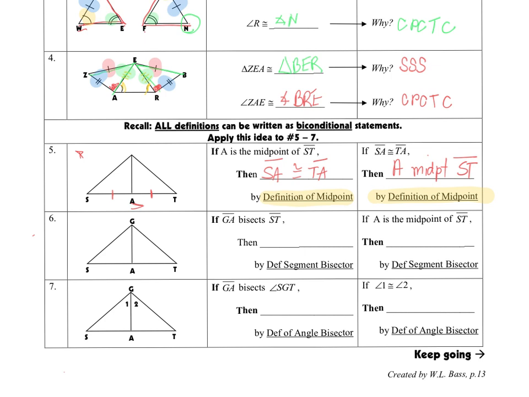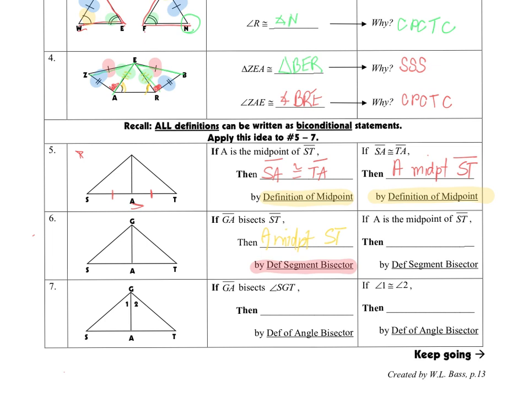Number 6, we are told that if segment GA bisects segment ST, then what we would know is that A is the midpoint of segment ST. And the reason we would know that is the definition of a segment bisector.